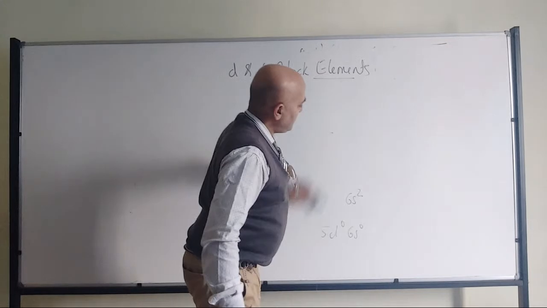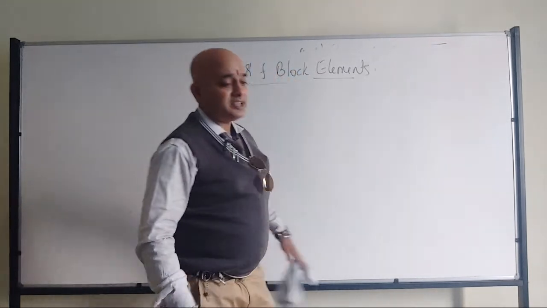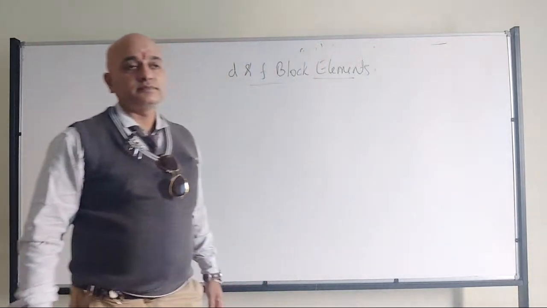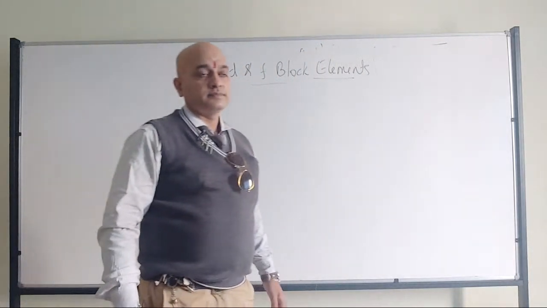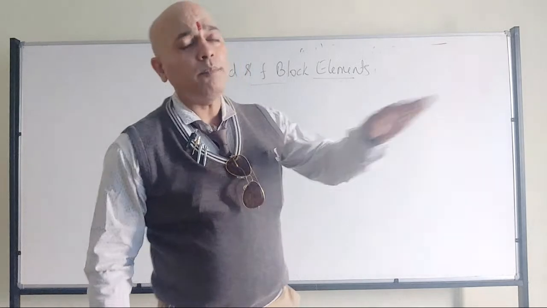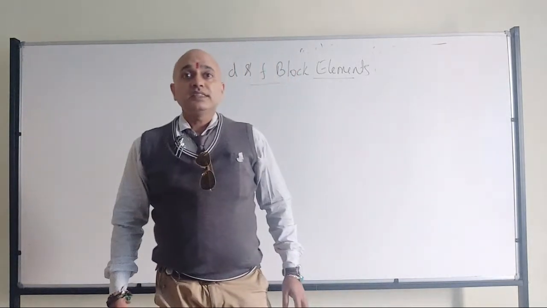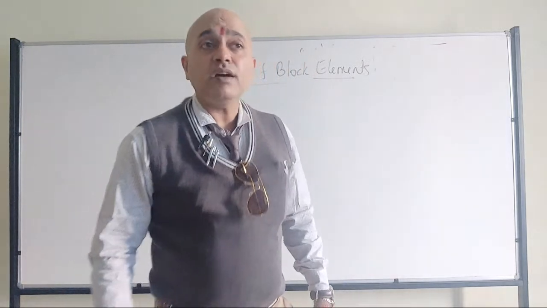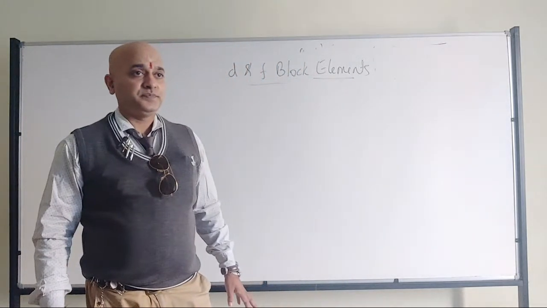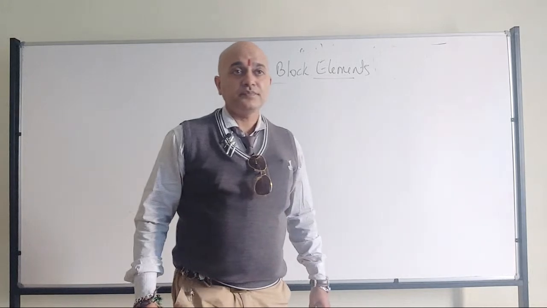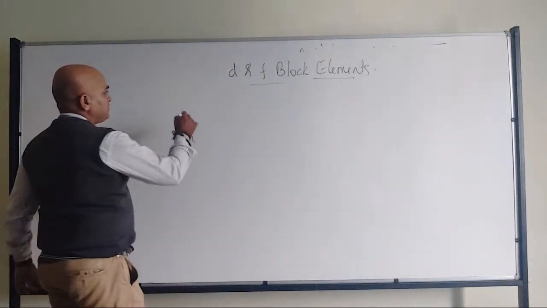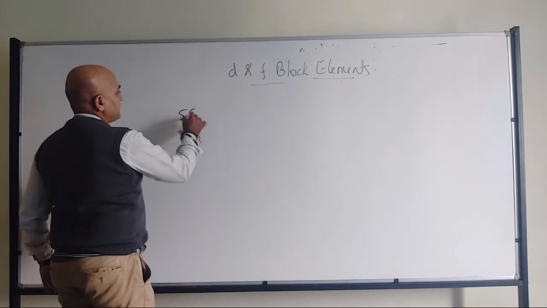Now can you tell me any other oxidation state shown by this element? +3 is the common oxidation state. Now we have some of the elements which will show the +2. Any other oxidation state? Okay. Write the electronic configuration for atomic number 58.